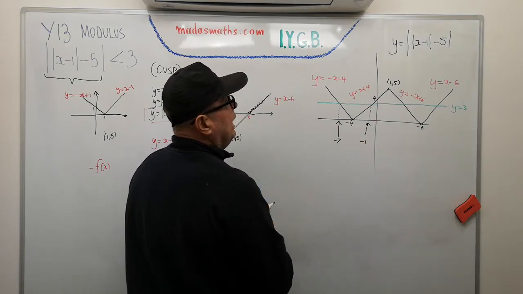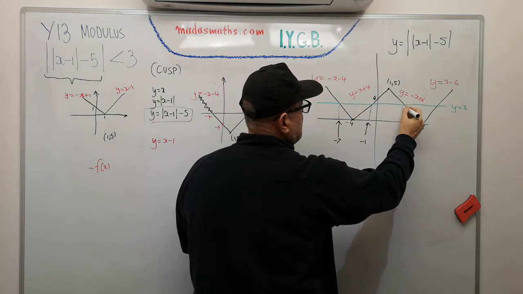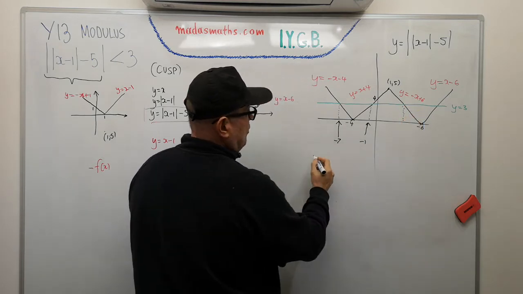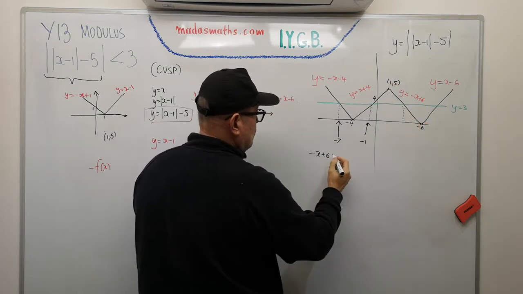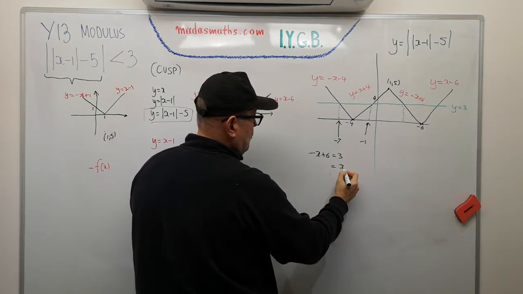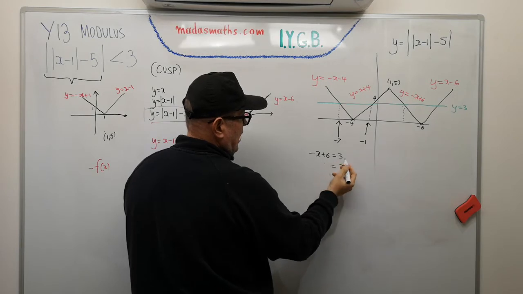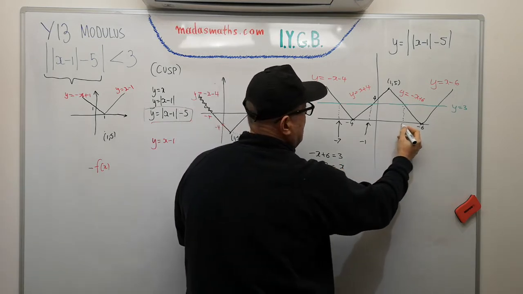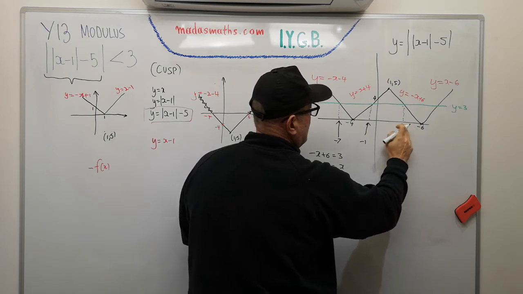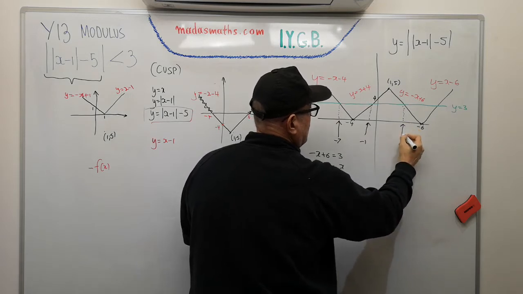And so on. The third intersection is minus x plus 6 equal to 3. Put the x on the right, and I've got x equal to 3. So that's 3 here. Let's put it with an arrow, probably better, so we're consistent.